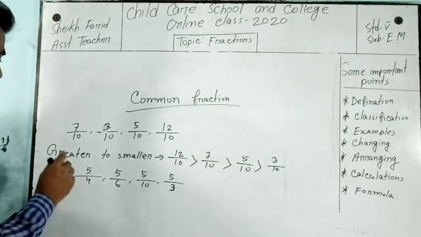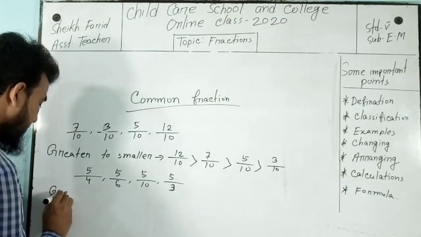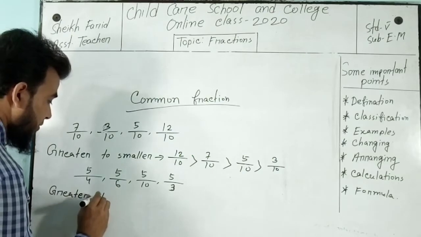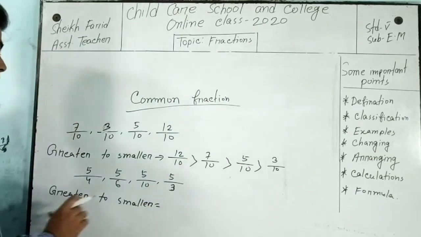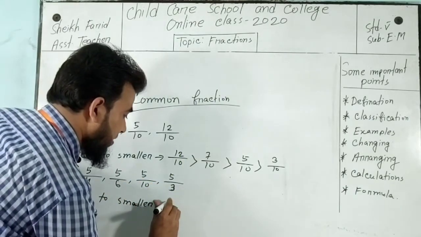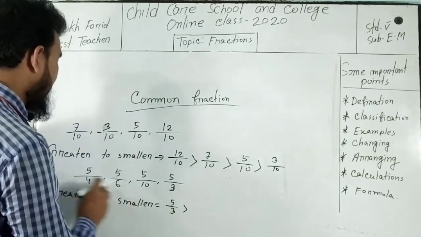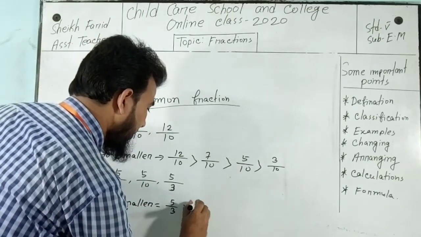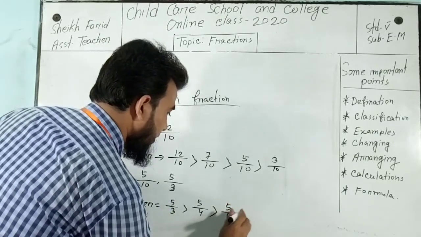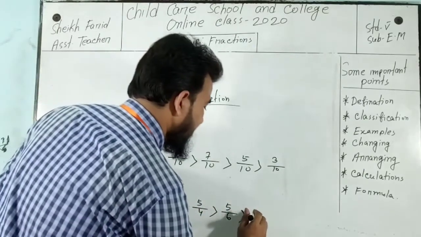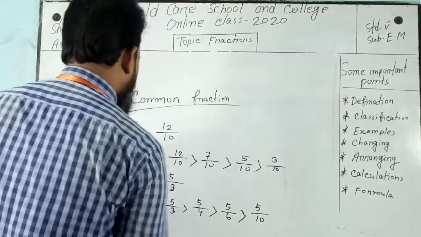So if you arrange from greater to smaller, this fraction is greater because it has the smallest denominator, then 5 by 4, then 5 by 6, and the last one is 5 by 10. This is the smallest fraction among these.